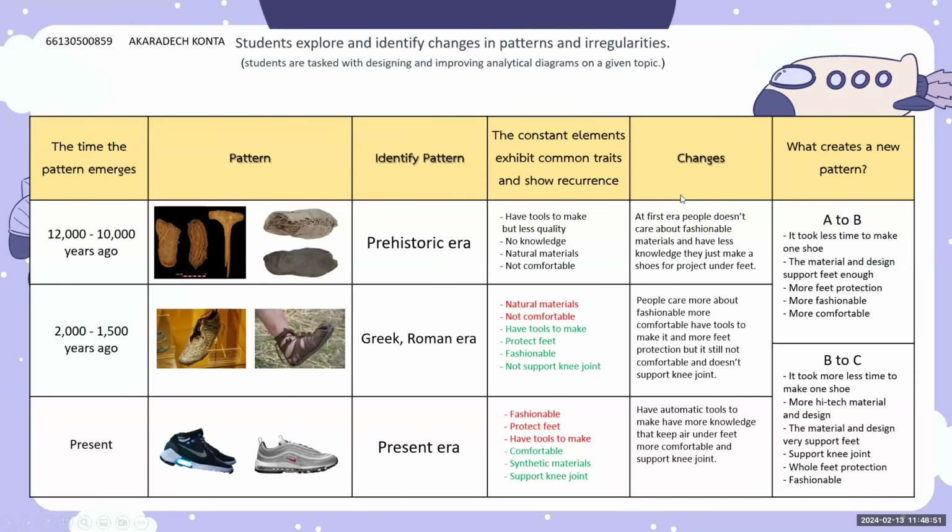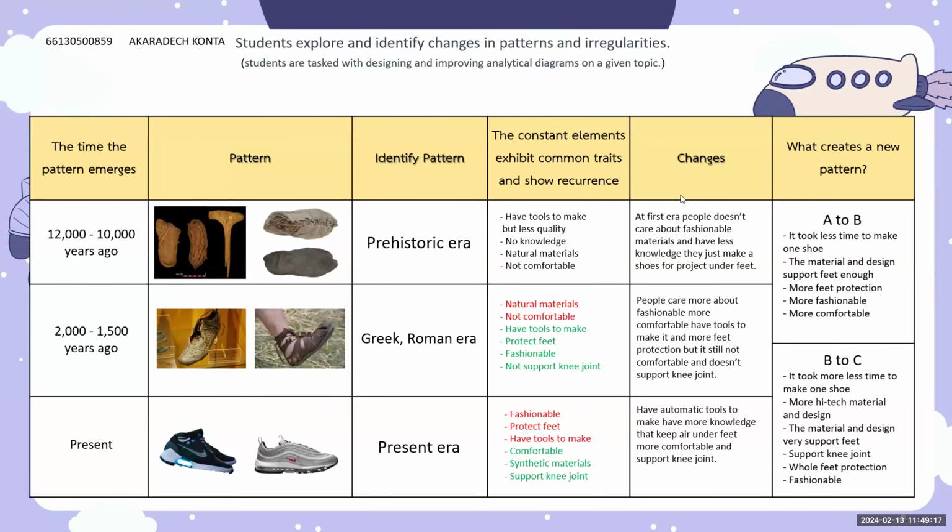Okay, so the first era is the prehistoric era, about 12,000 to 10,000 years ago, and the second is the Greek Roman era, about 2,000 to 1,500 years ago, and the third one is the present era.